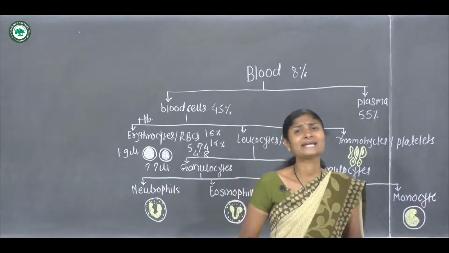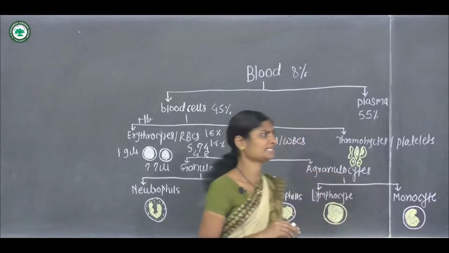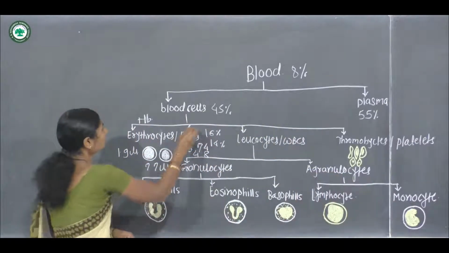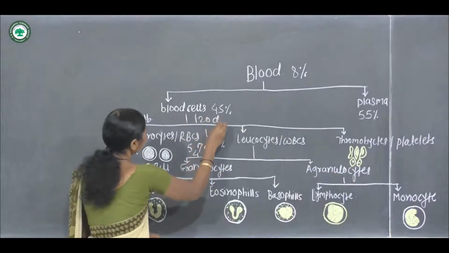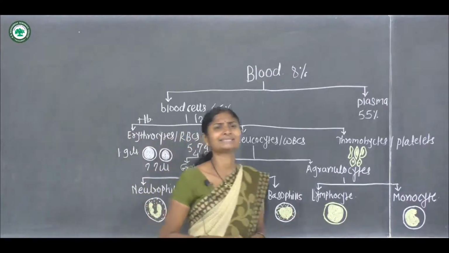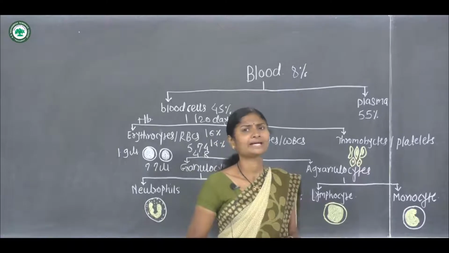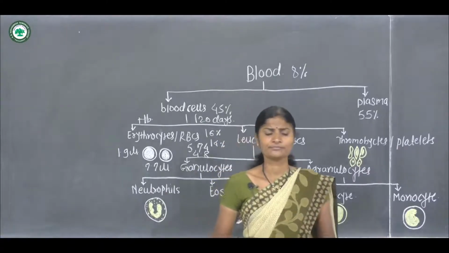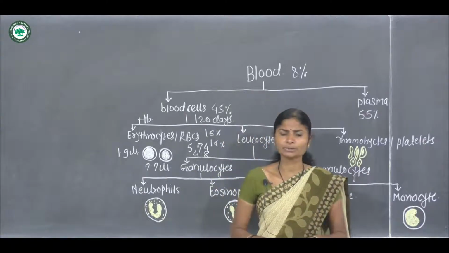The average lifespan of RBCs is about 120 days, and after these 120 days they are destroyed and new RBCs are produced in bone marrow.